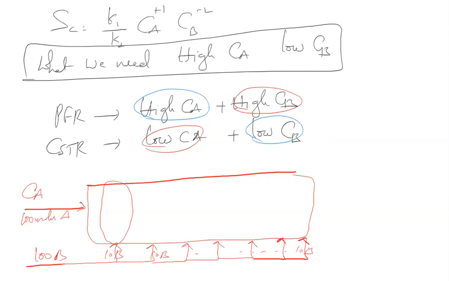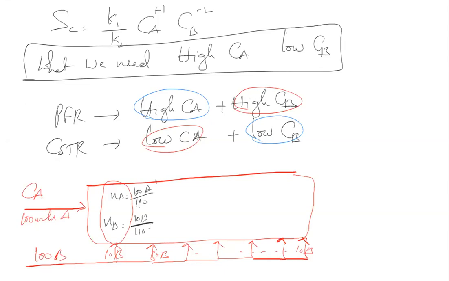What is the mole fraction of A? It is 100 A by 110, which is A plus B, no? What is the mole fraction of B? Mole fraction is proportional to concentration. So B is 10 divided by 110.